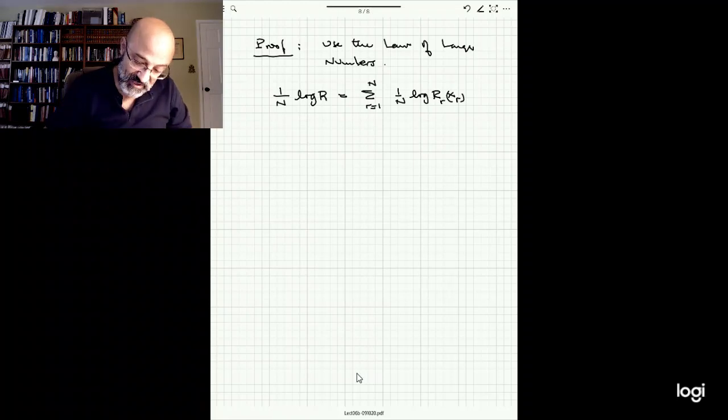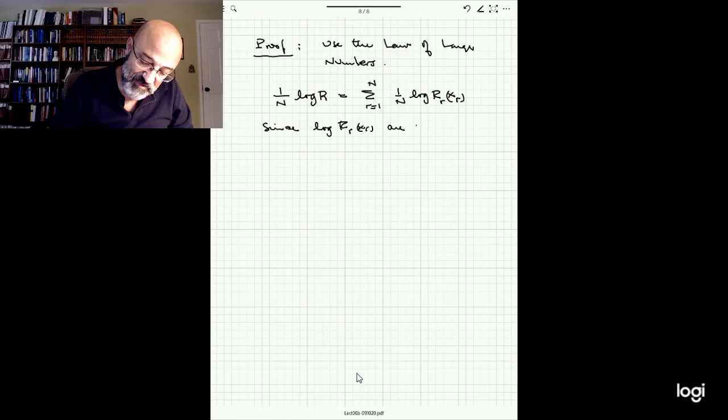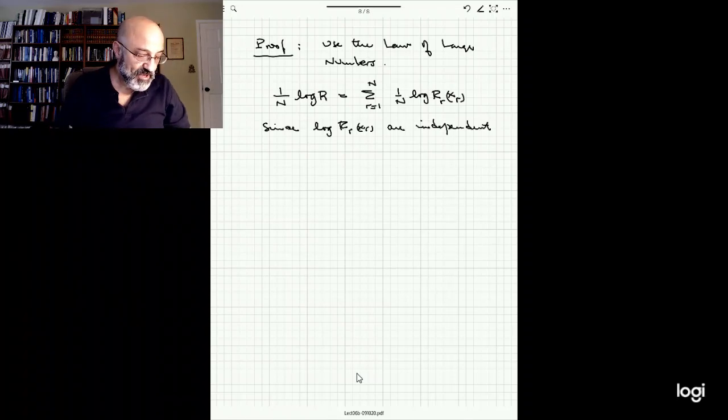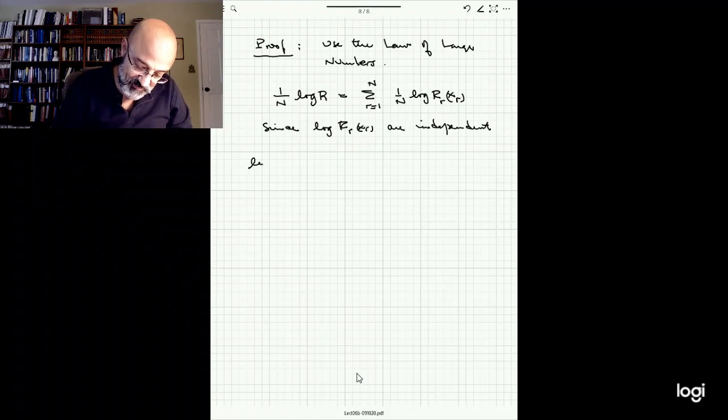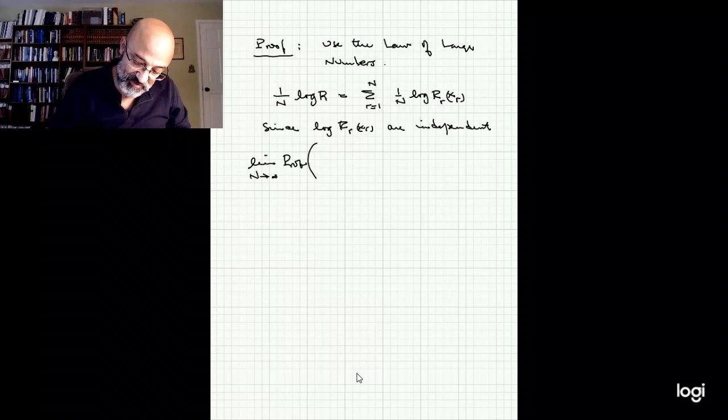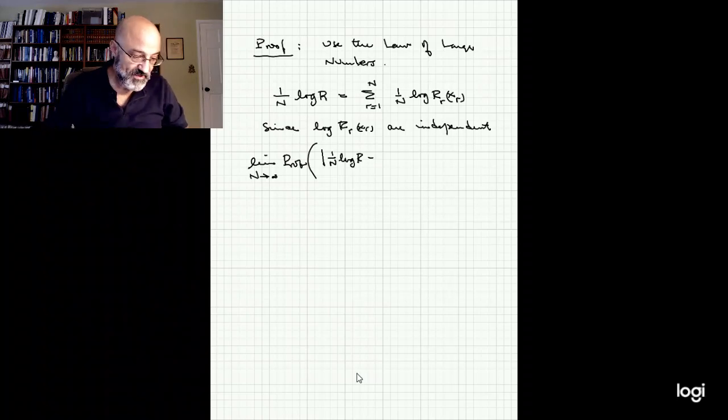Then, since these variables log r x r are independent, we actually have that the limit as n goes to infinity of the probability, and here we're going to write the probability that the quantity 1 over n log r differs from the average.